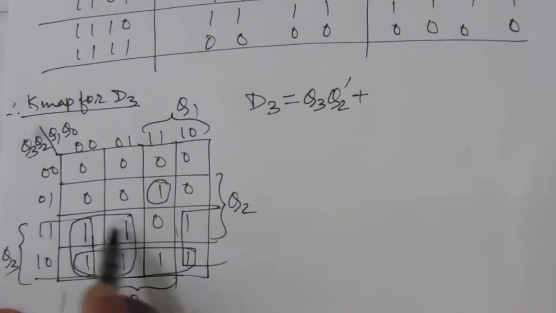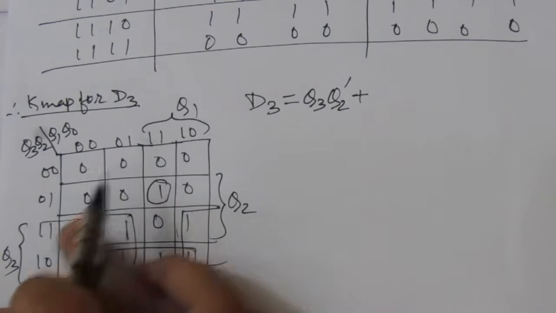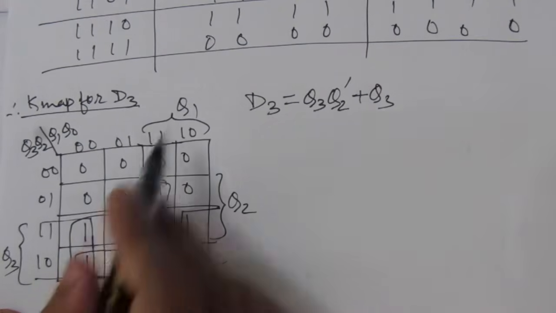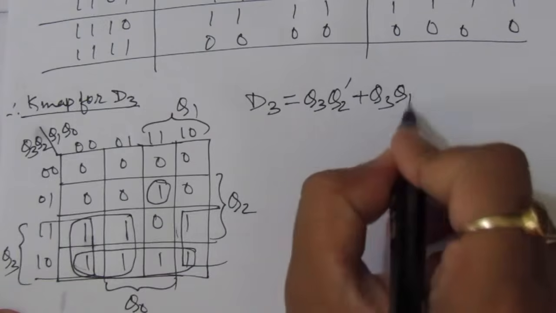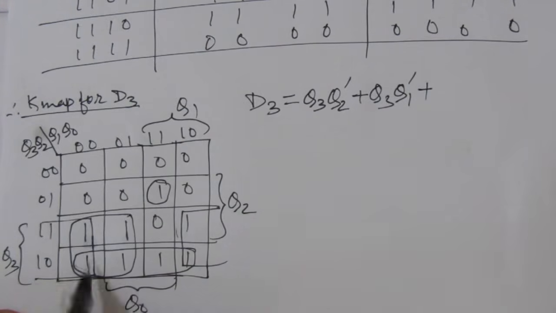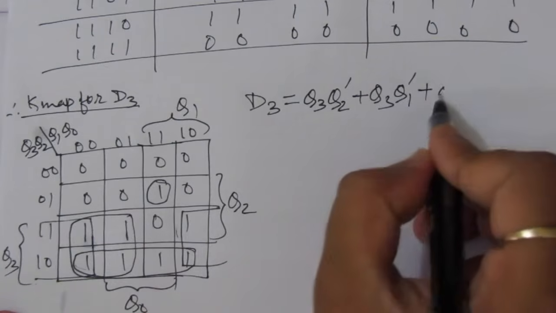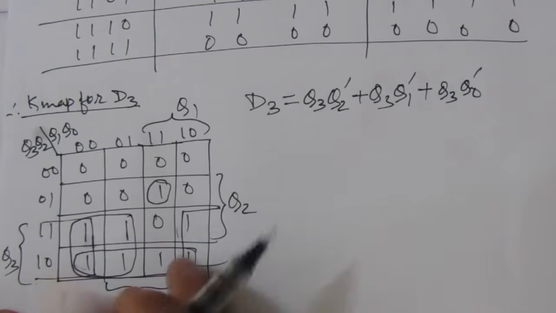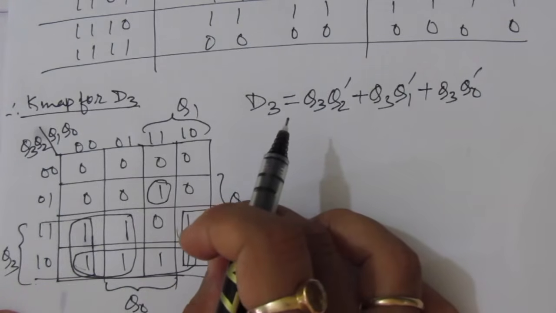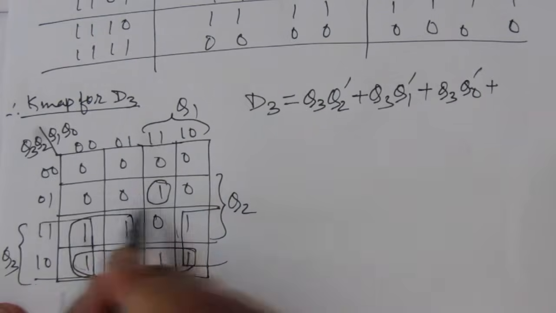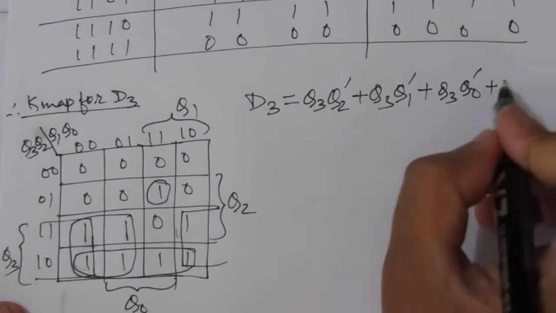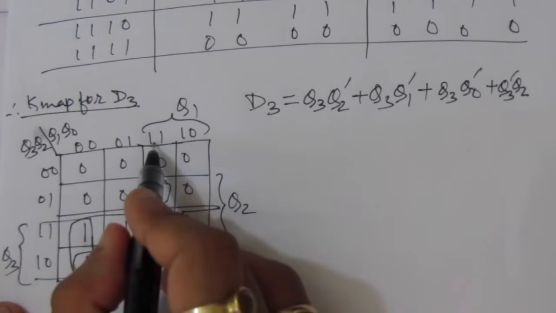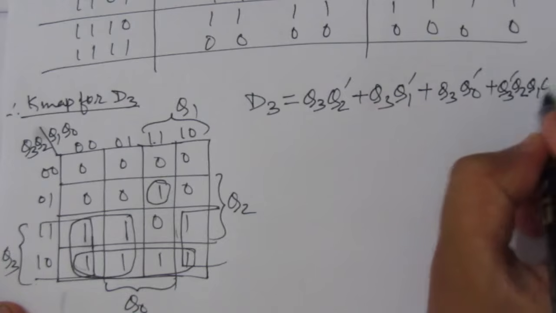From this term, these two rows are Q3, and from these two columns we get Q1 bar. Plus, from this combination we get Q3 Q0 bar: from these two columns we get Q0 bar, and from these two rows we get Q3. The fourth term is Q3 bar Q2, and from this side we have Q1 Q0.